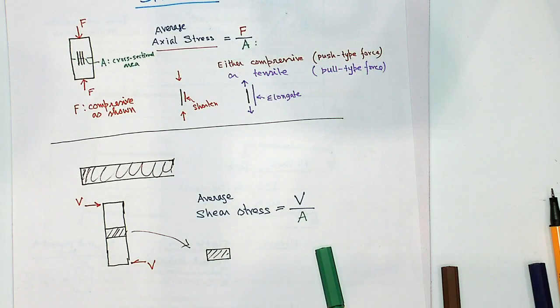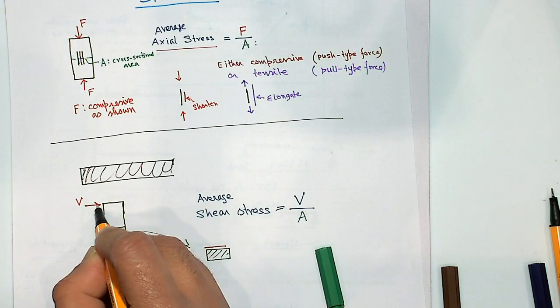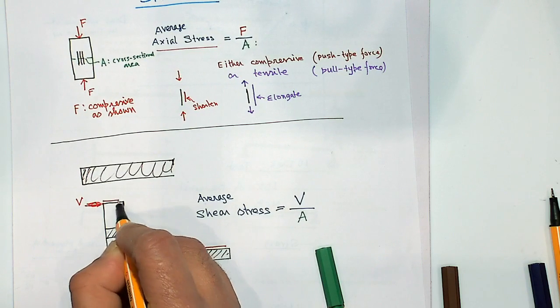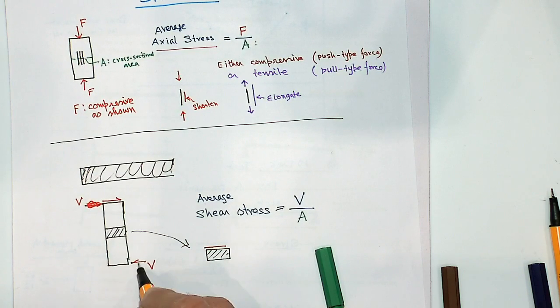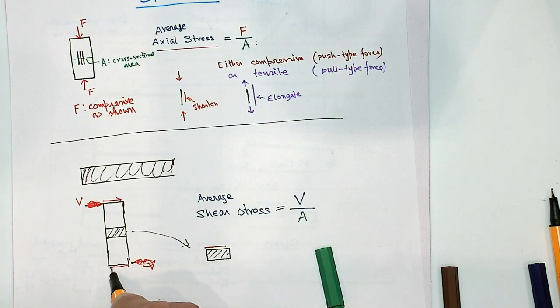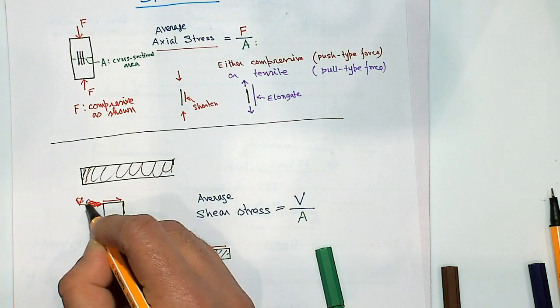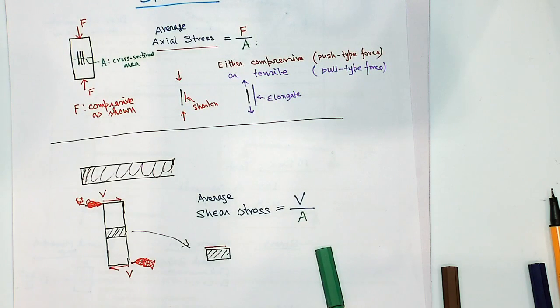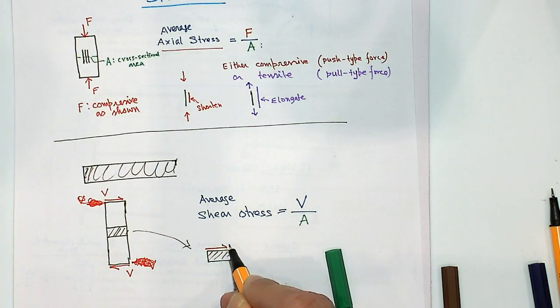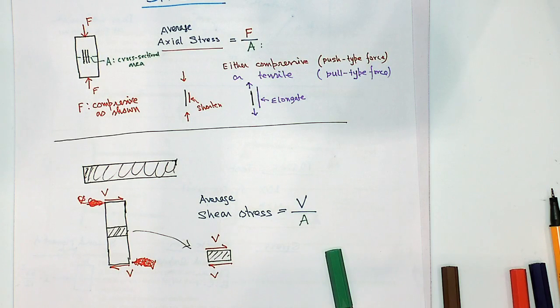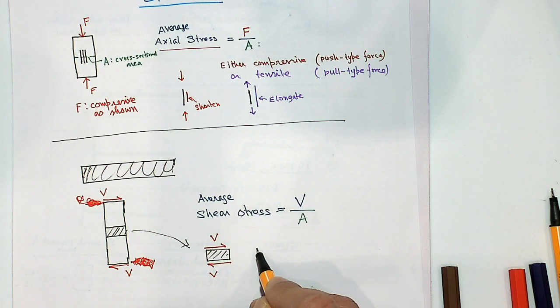This is my section coming from this point. On the top side, shear stress acts, just being pedantic and consistent, on the surface itself rather than as a load. So if this is V, then this would deform in this way.